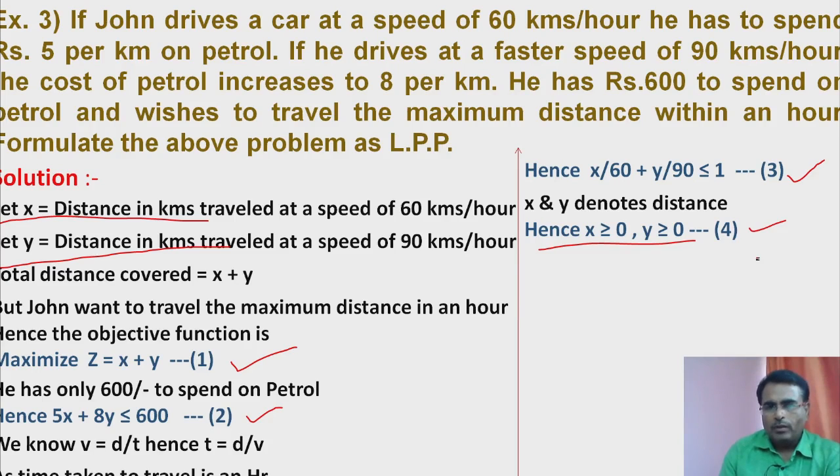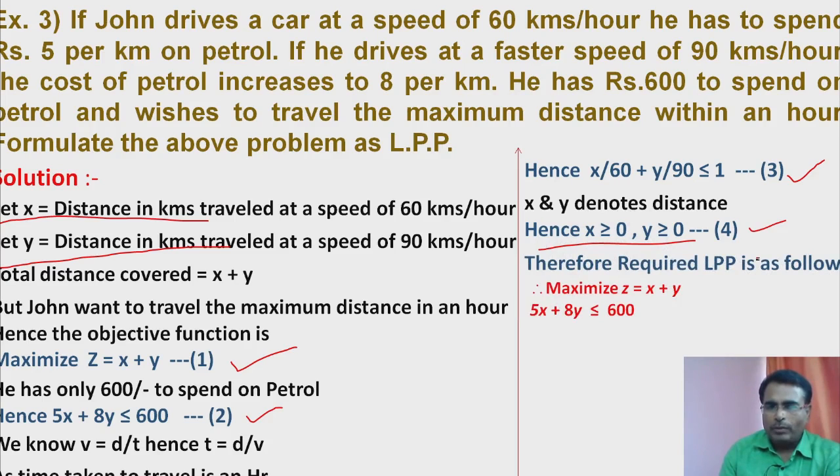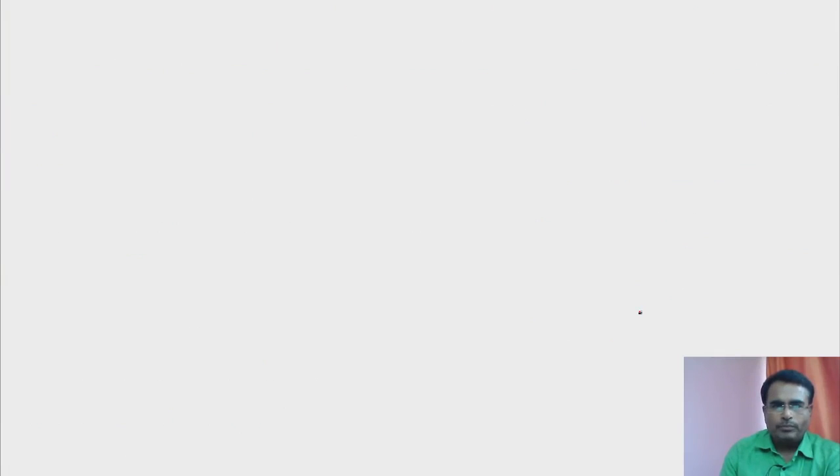The objective function is maximize z equal to x plus y. The first constraint is 5x plus 8y less than or equal to 600. The next constraint is x upon 60 plus y upon 90 less than or equal to 1, that is the time constraint. And as x and y are distances, they must be non-negative. This is your required linear programming problem.